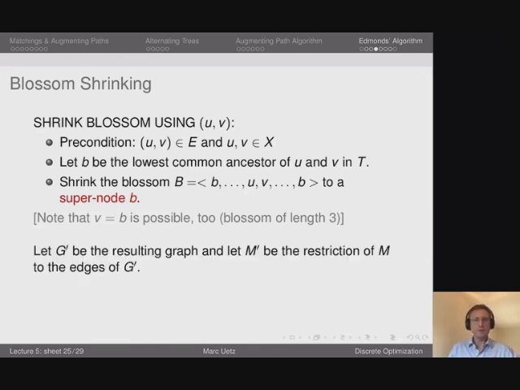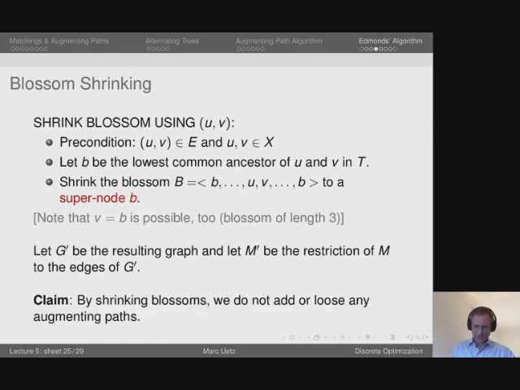In order to make the statements to come a little more formal, let us define by G prime the resulting graph from shrinking a blossom, and M prime would be the restriction of an arbitrary matching M to the edges of this graph G prime where the blossom has been shrunk. Now, what do we need in order for this to work?